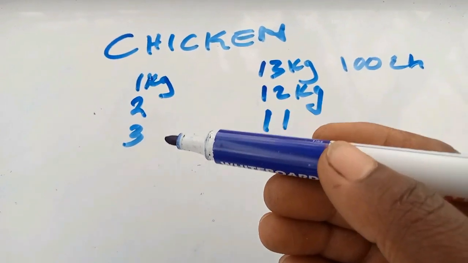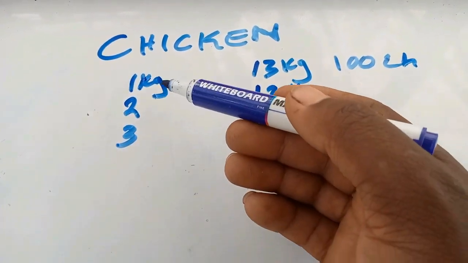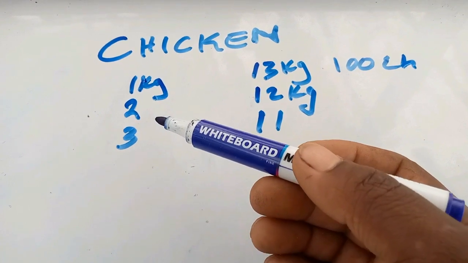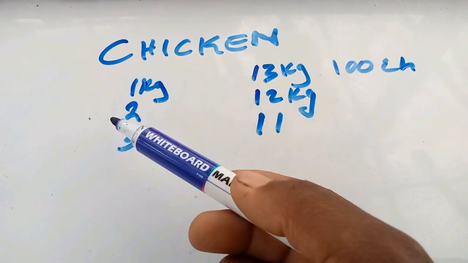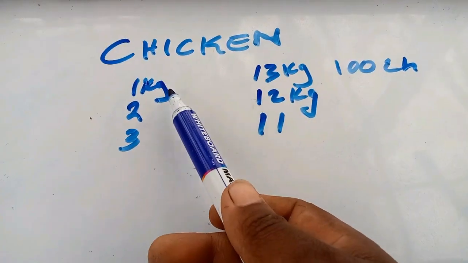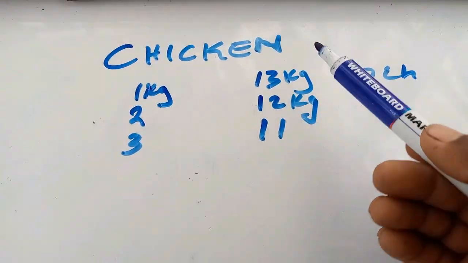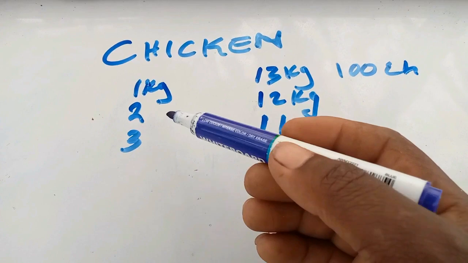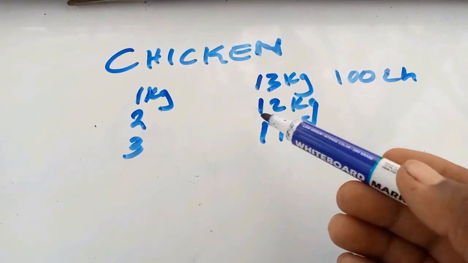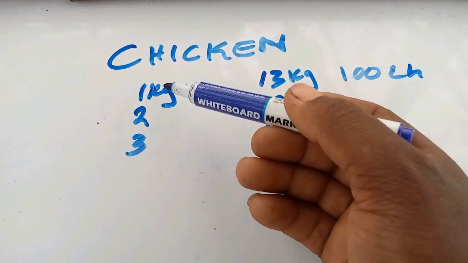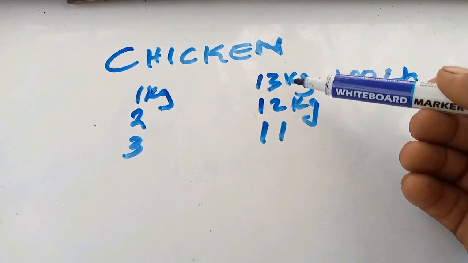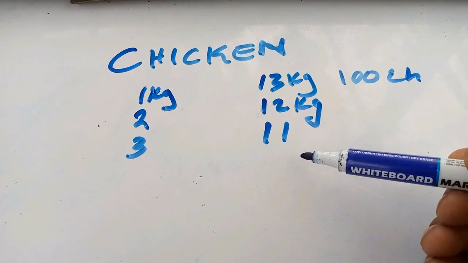Now, the wise farmers are the ones that normally do some experiment. They do analysis at 1 kg fodder and 13 kg commercial feed. What is the production at that stage? So they go increasing the fodder as they reduce the amount of commercial feed.